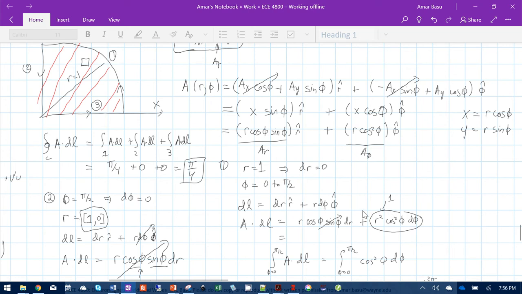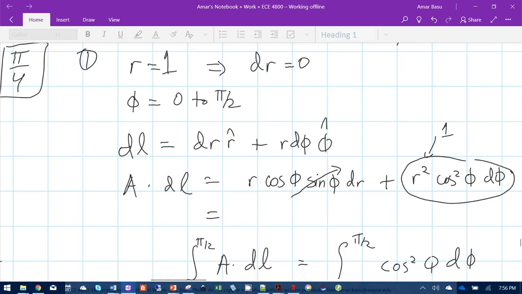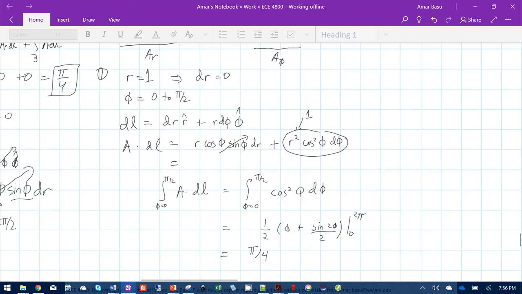We need both r and dr when we figure out dl. The definition of dl in cylindrical coordinates is dr times r hat plus r d phi times phi hat. Remember the differential length elements in cylindrical coordinates. Let me make this a little bit larger so you can see.